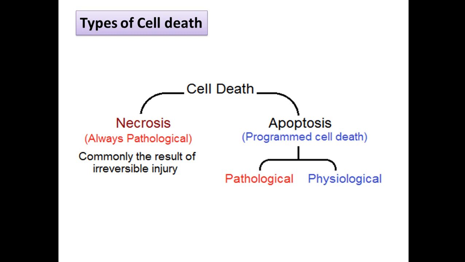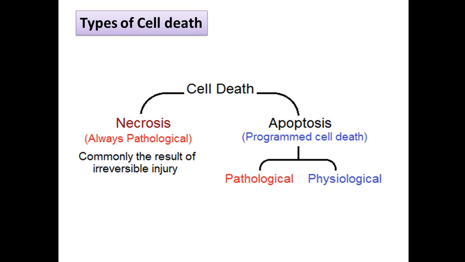For example, during immune cell development, the cells that are non-self and do not recognize the body's own tissues, and would elicit a reaction against the body's own tissue in the form of an autoimmune reaction, are made dead by apoptotic cell death.